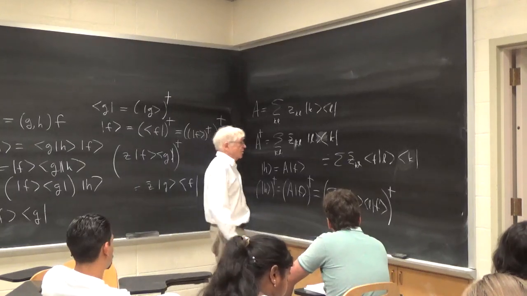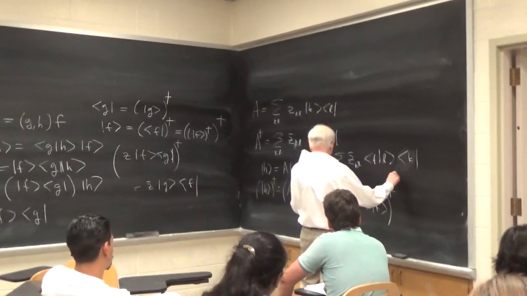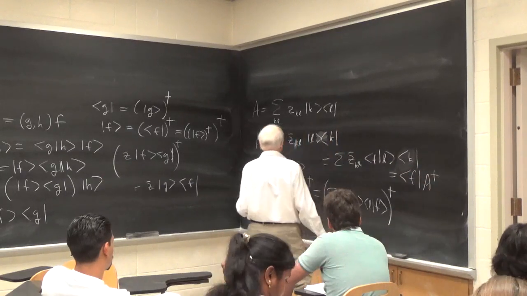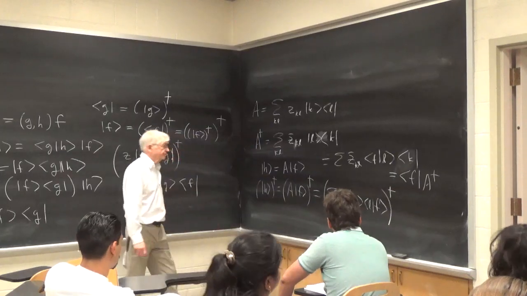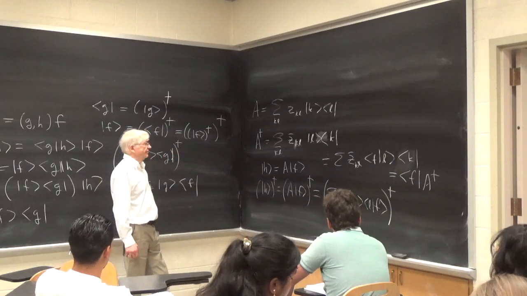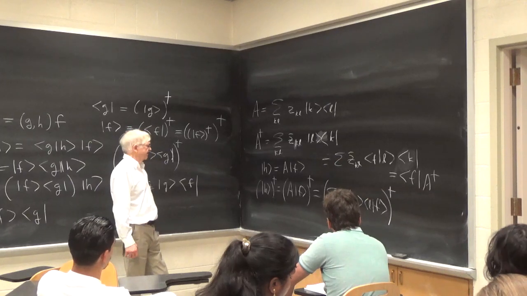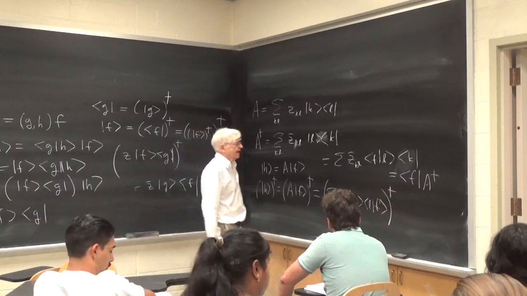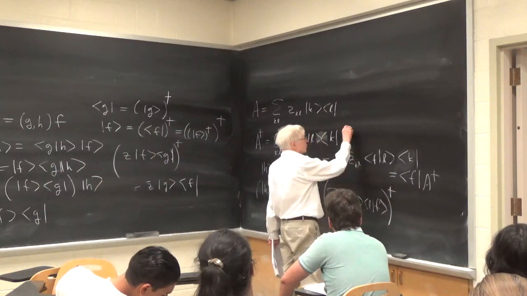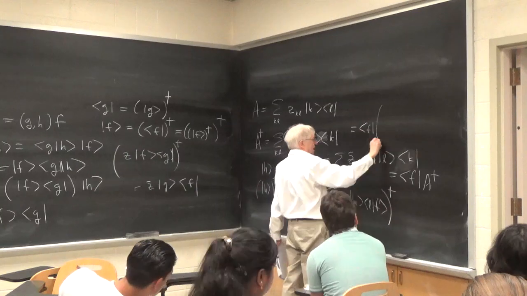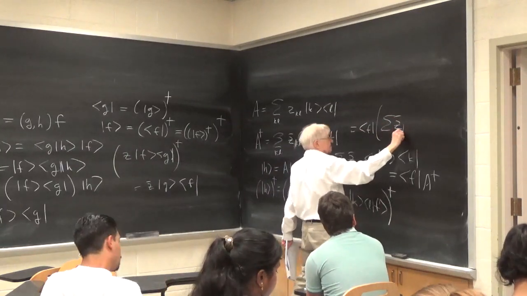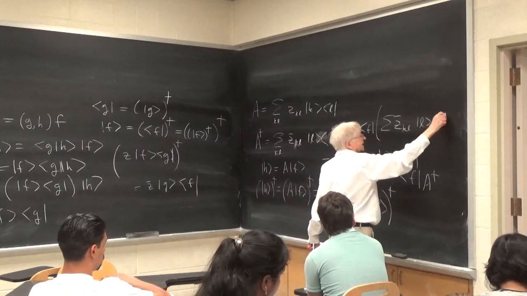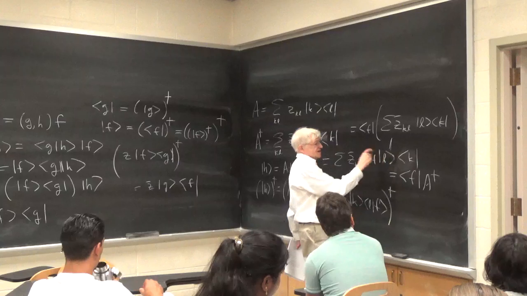Right, and another way of writing that then is that this is <F| A dagger. In other words, it's <F| on the sum of z bar_KL |L><K|. This is the same as that.